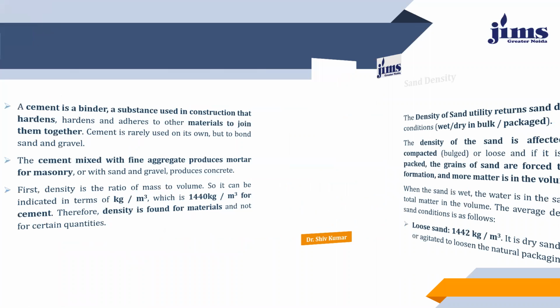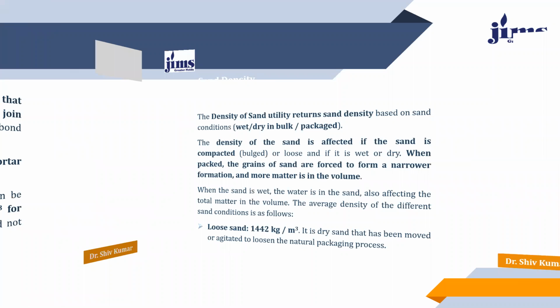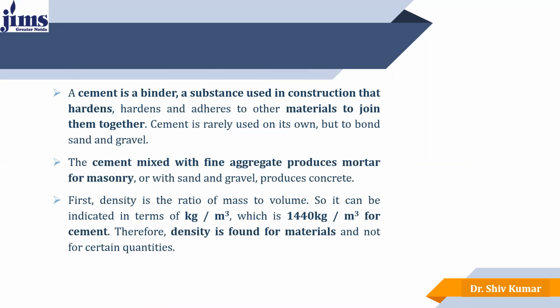Next is cement density. Cement is a binder, a substance used in construction that hardens and adheres to other materials to join them together. So basically, cement is a binding material which provides adhesion. Also, it makes a bond with other materials like sand and gravel.